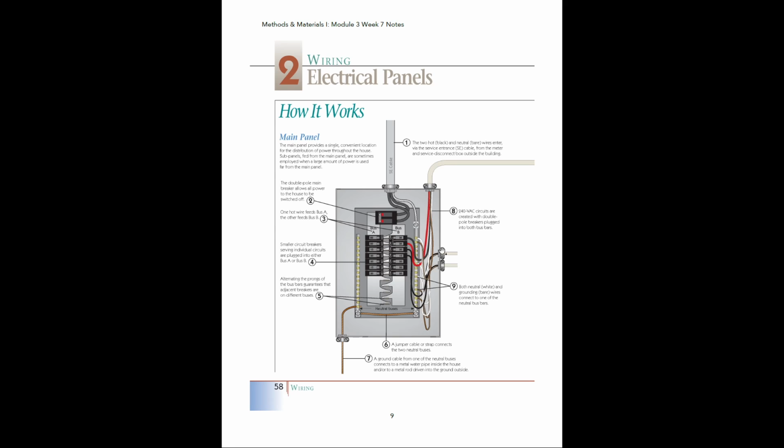When electricity is coming back in after being distributed, it's going to be coming through the white neutral wires, and they're going to be tying into these neutral buses here. The black wires, our hot wires, are going to be tied to the individual circuit breakers. Then our ground wires, being the plain bare metal wires, will also be tied onto these neutral buses.